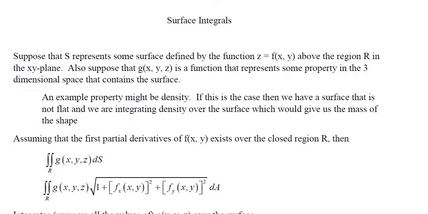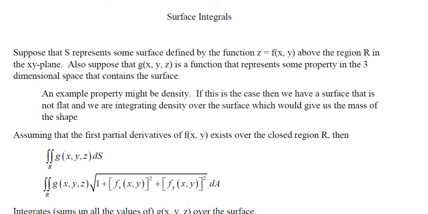Alright, so let's take a look at a variation of this, something called surface integrals. We've taken a look at how to find the area of a surface in three-dimensional space. So let's say that S represents some surface in three-dimensional space defined by the function z equals f of x comma y, and that surface is above some region R in the xy plane.